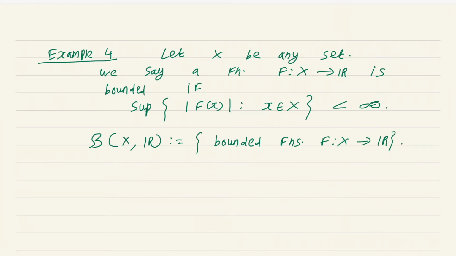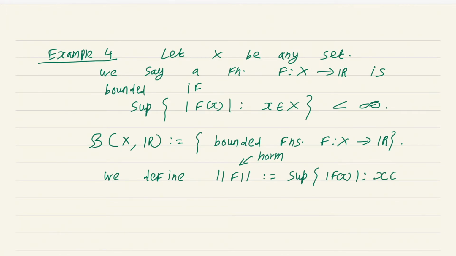So take any set X and consider the collection of all bounded functions defined on this X. We define norm f, this is read as the norm of f, to be nothing but the supremum of mod f of x as x runs through X. Okay, this supremum will obviously exist because we are taking only bounded functions.